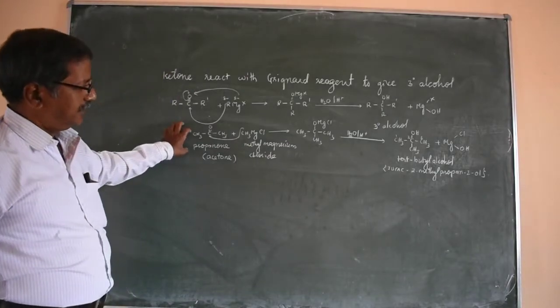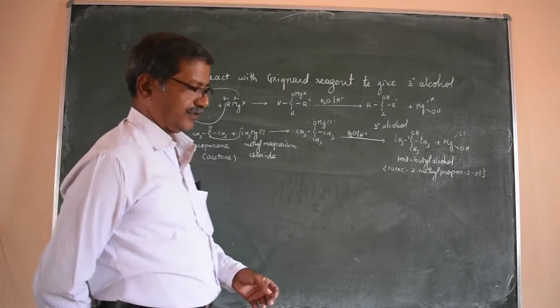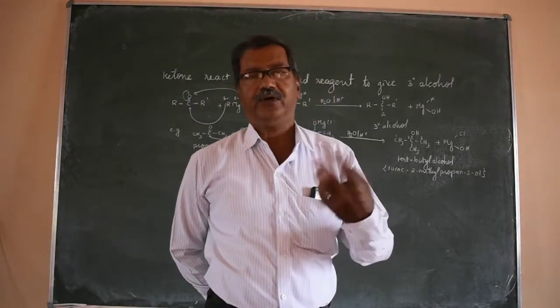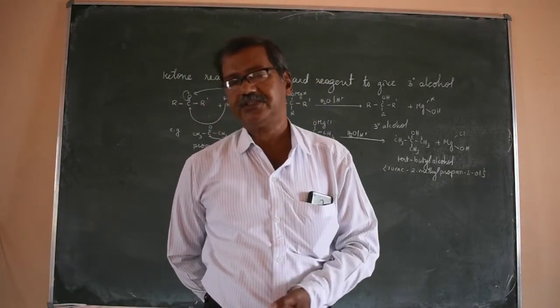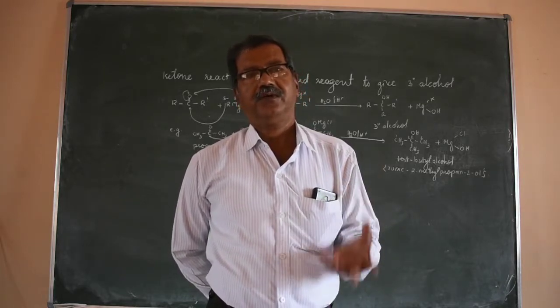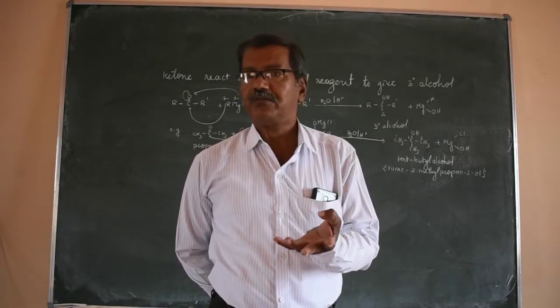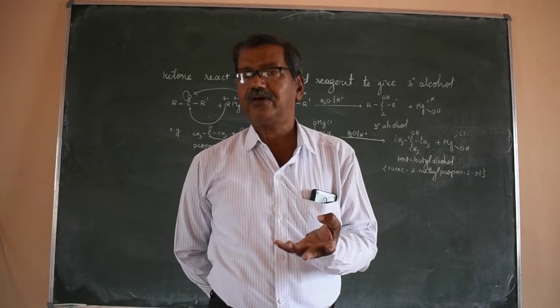So these are the different methods you are using to prepare alcohol. One is from alkene, we have 2 methods, remember these 2 methods. Second one is from carbonyl compounds, we have 3 methods. From aldehydes, you are getting primary alcohol.